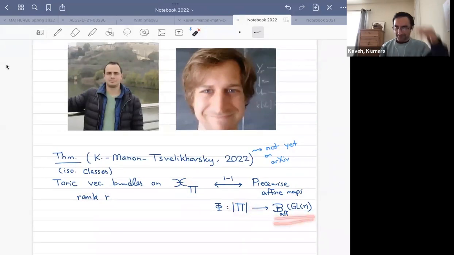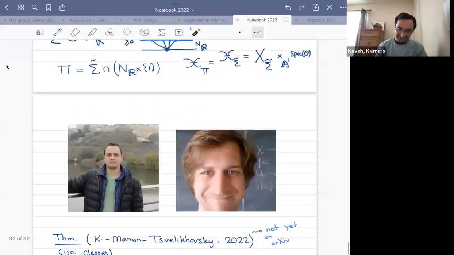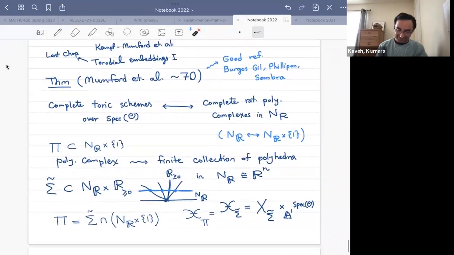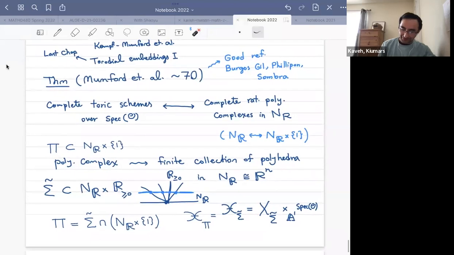I'm sorry, could you please repeat what is this X pi? Yes, sorry. I was trying to cheat and not explain it. So toric varieties are classified by fans, but if you have a toric scheme, instead of being defined over a field, if you want it to be over a discrete valuation ring, it's classified by polyhedral complexes in N_R.